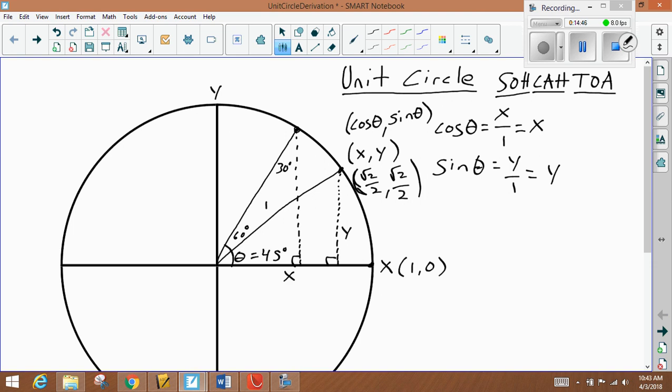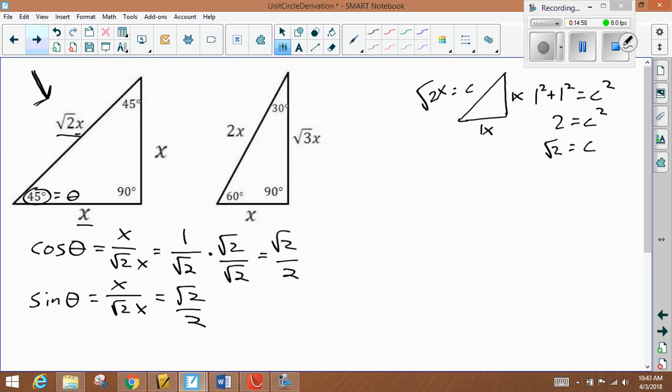So now I have a special triangle, the 30-60-90 triangle, which is this one right here. So I pull this one out, it's going to look like that.